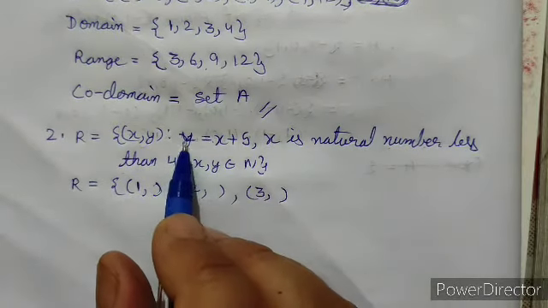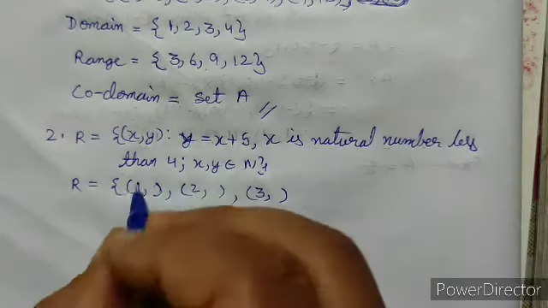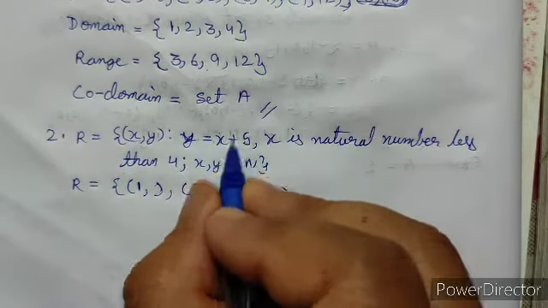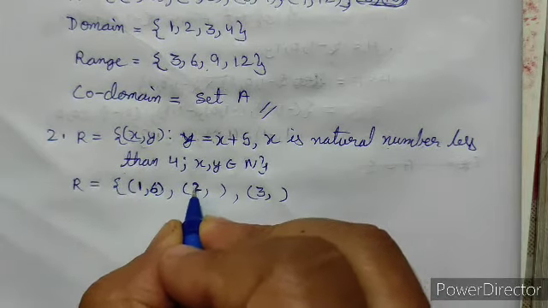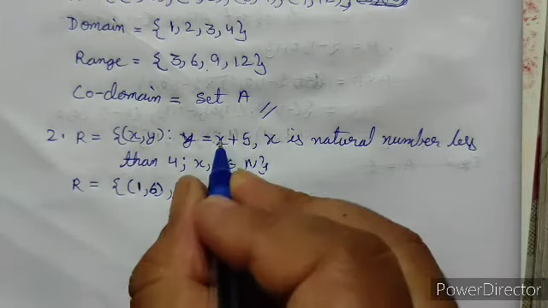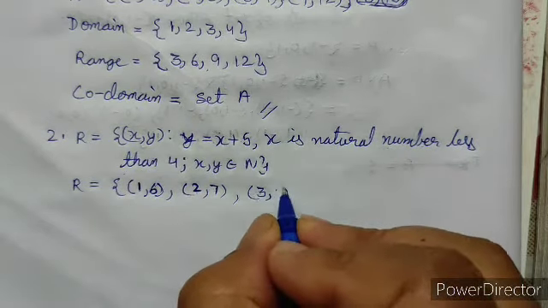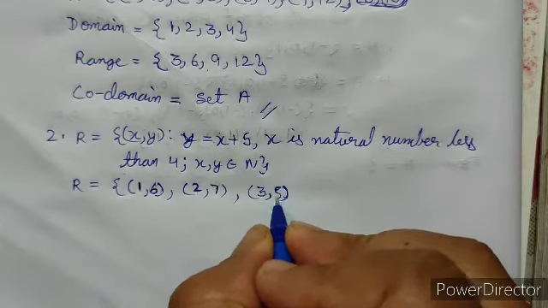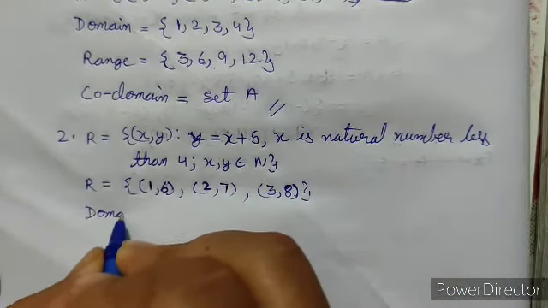Now here the relation is given as y is equal to x plus 5. That means if x equal to 1, then y will be 1 plus 5, that will be 6. In the second ordered pair, x is 2. So y will be 2 plus 5, that is 7. And the third element will be 3, and 3 plus 5 will be 8. Now we have to find the domain and range of the relation.